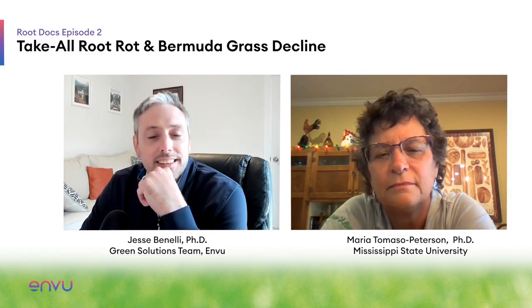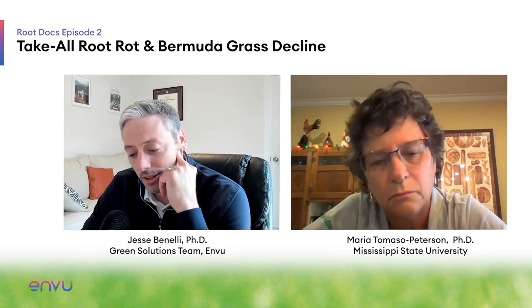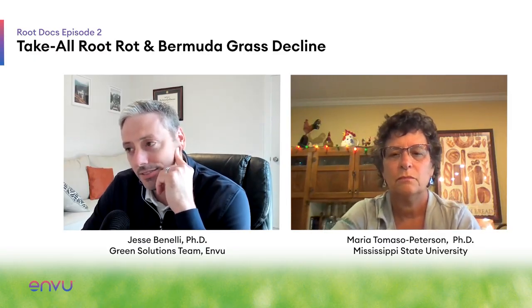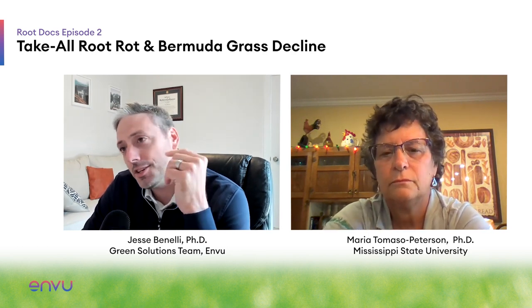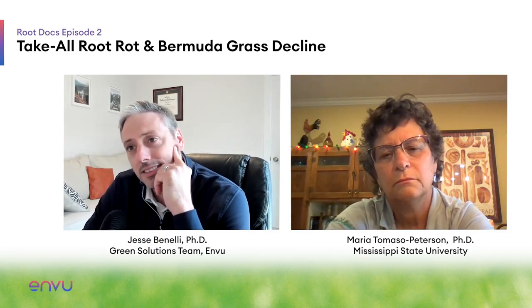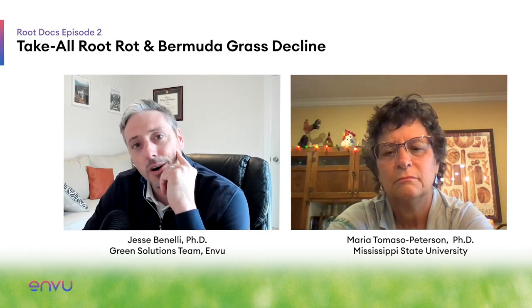So, talking about putting it all together, take-all root rot, Mini-Ring. You've got a superintendent who used to be managing bent and has now switched over to Bermudagrasses. Man, these Bermudagrasses have a lot going on.